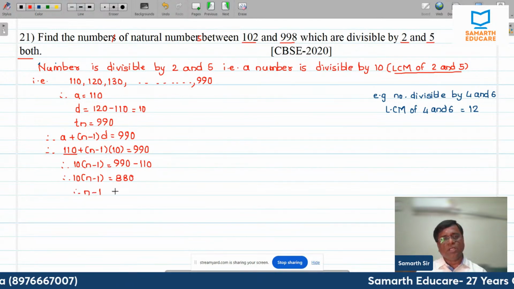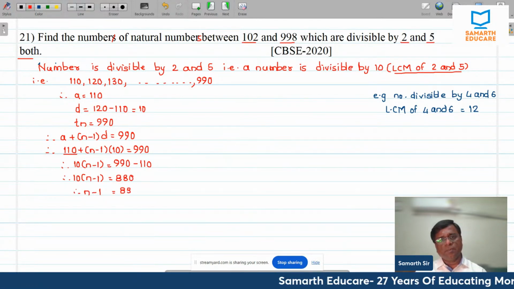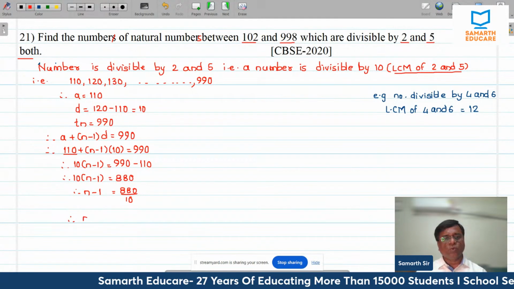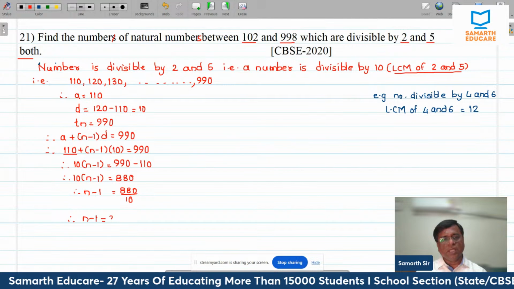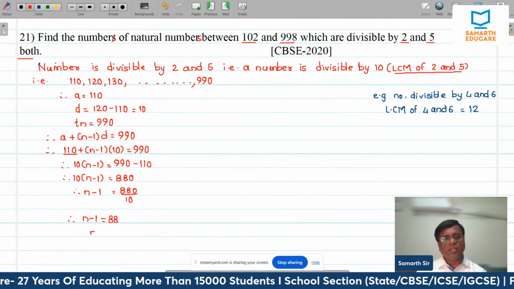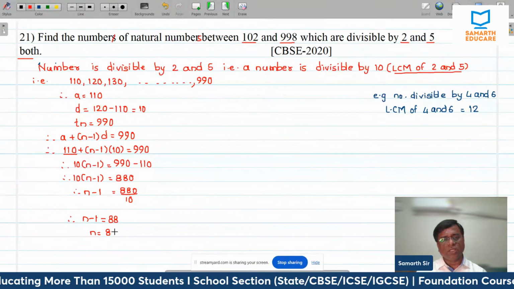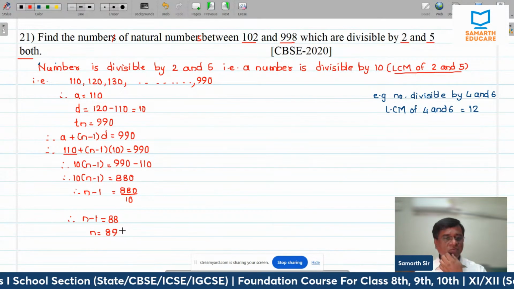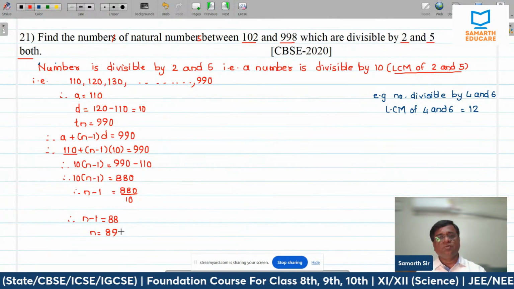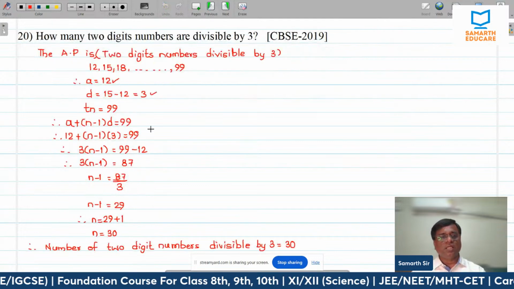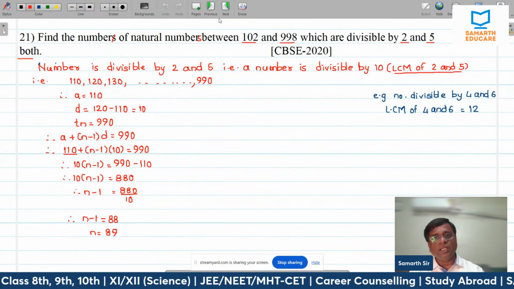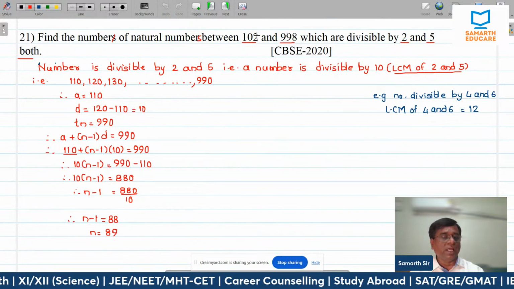N minus 1 is 880 divided by 10. So we have n minus 1 is 88, and n is equal to 88 plus 1, that is 89. Right? So he was asking for number of natural numbers between 102 and 998, so you will write the answer like this: number of natural numbers between 102 and 998 is equal to 89.